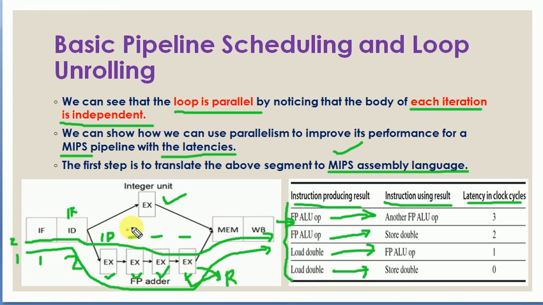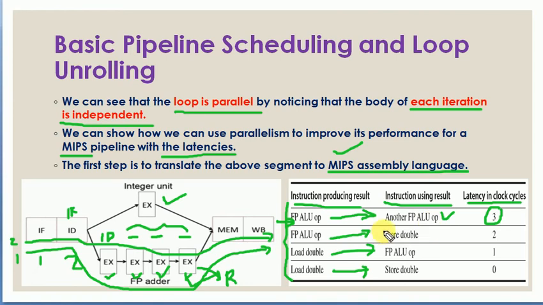So these 3 clock cycles, instruction 2 needs to wait, and that is indicated as the latency between these two instructions. Okay, I hope it is clear, because in our previous example, when it is converted into MIPS assembly language format, there will be a floating point ALU operation and a second FP-ALU operation that expects the result of the previous FP-ALU operation.